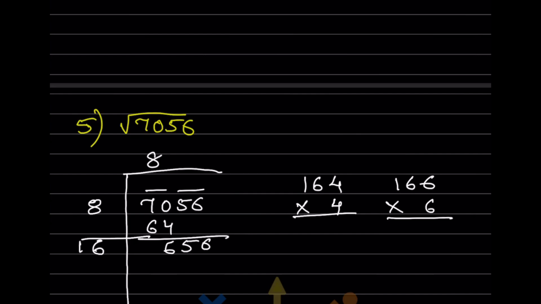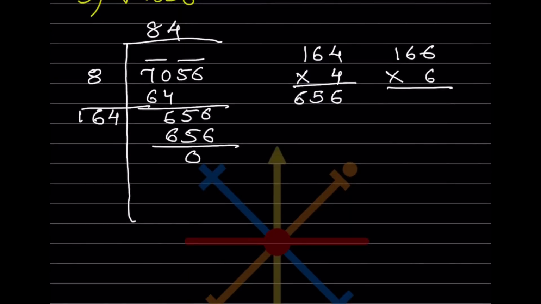So here you get 164, 4 4s are 656. So you can write here root of 7056 is 84.